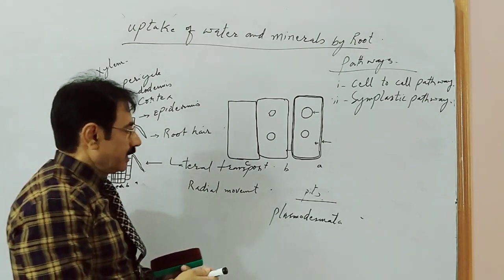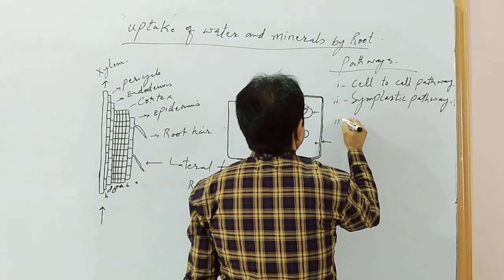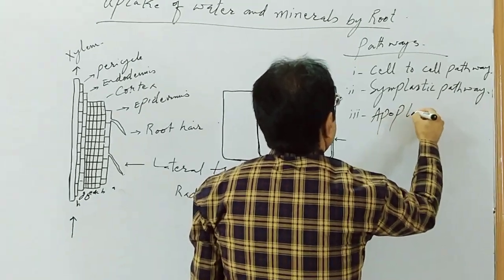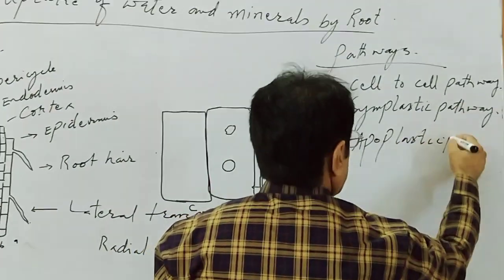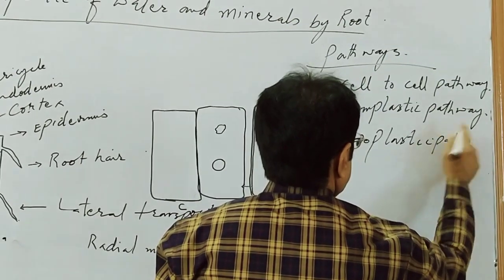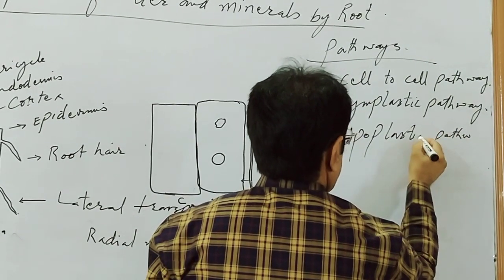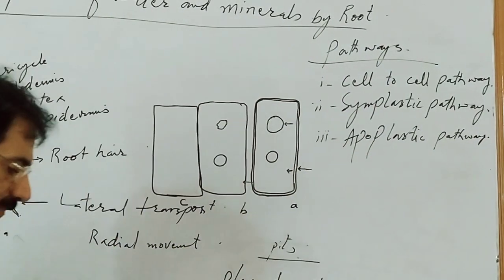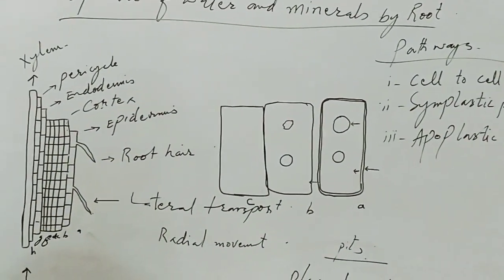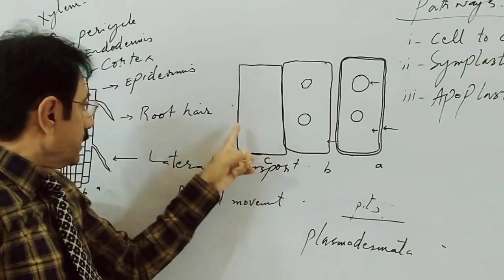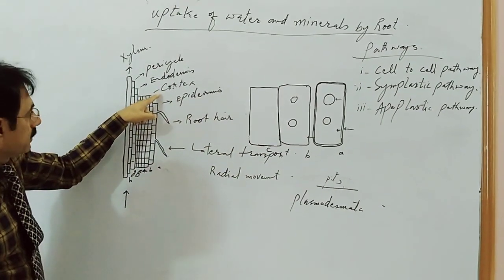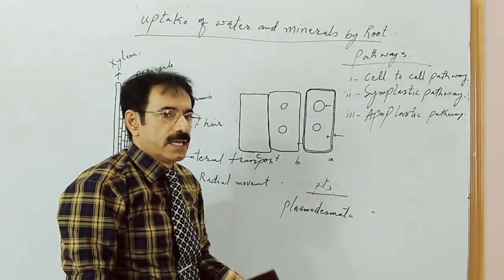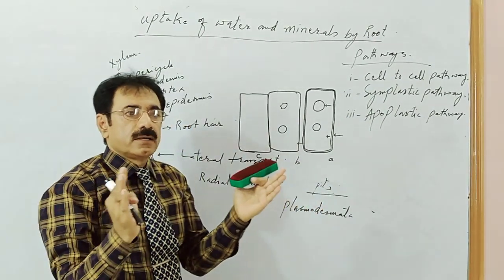The third pathway involved is the apoplastic pathway. Dear students, let it be very clear. The cortical cells, the cells of the cortex, have their cell walls in direct contact.